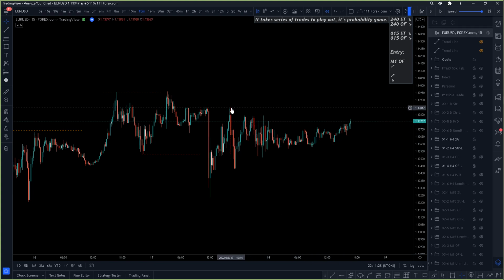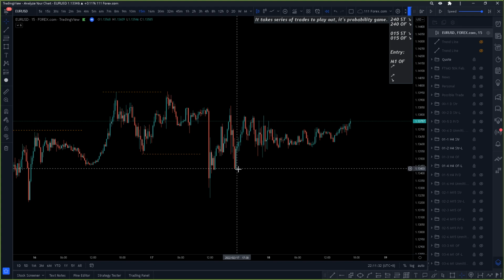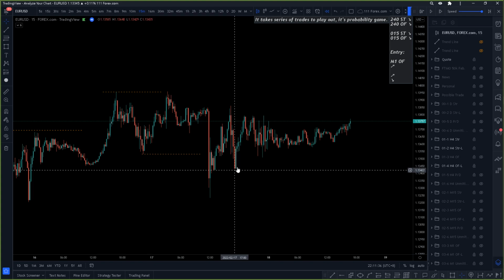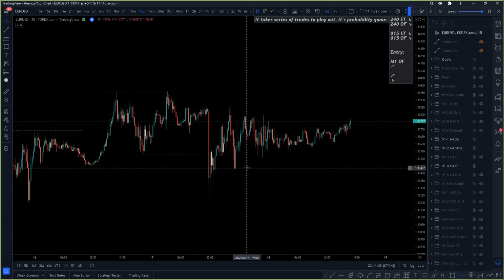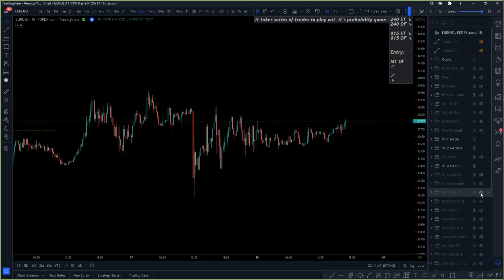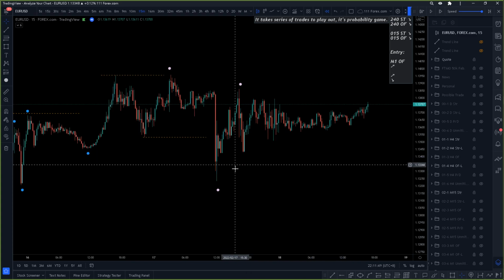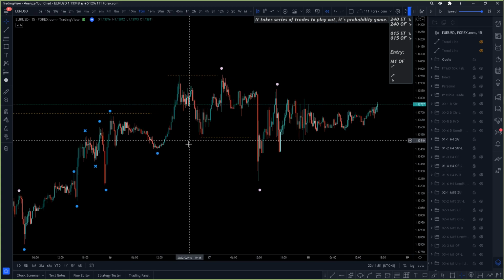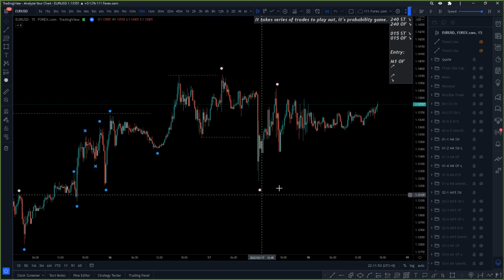And since I called this, I didn't take partials here, because I was thinking that it will go lower, because all the structure was bearish at that moment.